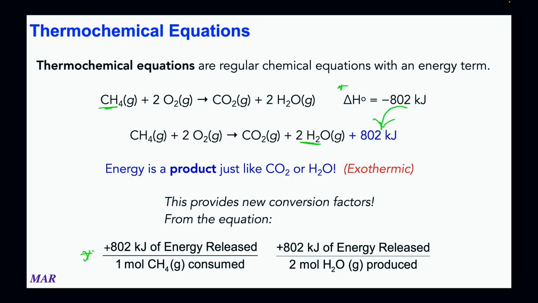So you can see how this can be important to chemists. All those relationships, those stoichiometric factors, where we compared reactants to reactants, reactants to products, products to reactants, etc. This is one more version of this we can do now. You can have 802 kilojoules per 1 mole of methane. You can have 802 kilojoules released per 2 moles of oxygen burned. There are lots of different kinds of applications for this, which makes it pretty cool.